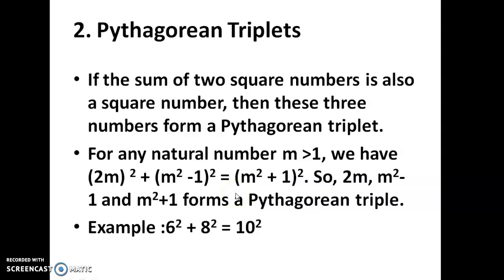Here I didn't work it out because we have exercise problems based on this. You can try this. You have to take 6 as 2 into m, so 2 into 3. 3 is going to be our m. Substitute the m value in this and you will find it satisfies that condition.